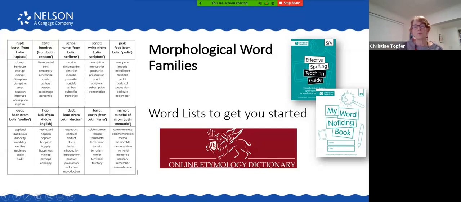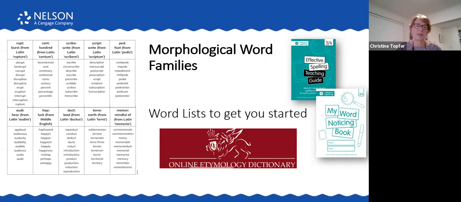So in the resources, in the morphological word families, particularly in the 3, 4 and the 5, 6 teaching guide, we've done some work for you where we've done some exploration of some bases and some particularly bound bases here to give you an idea of where you can go.